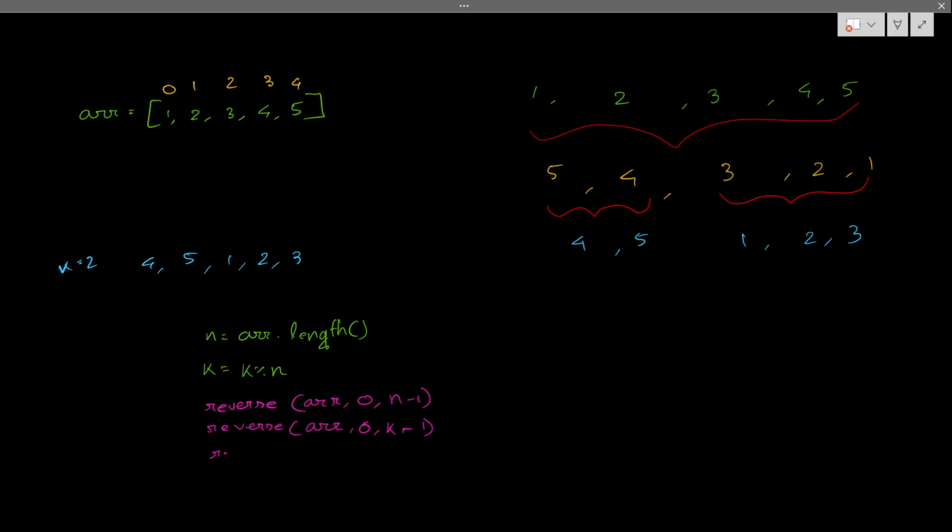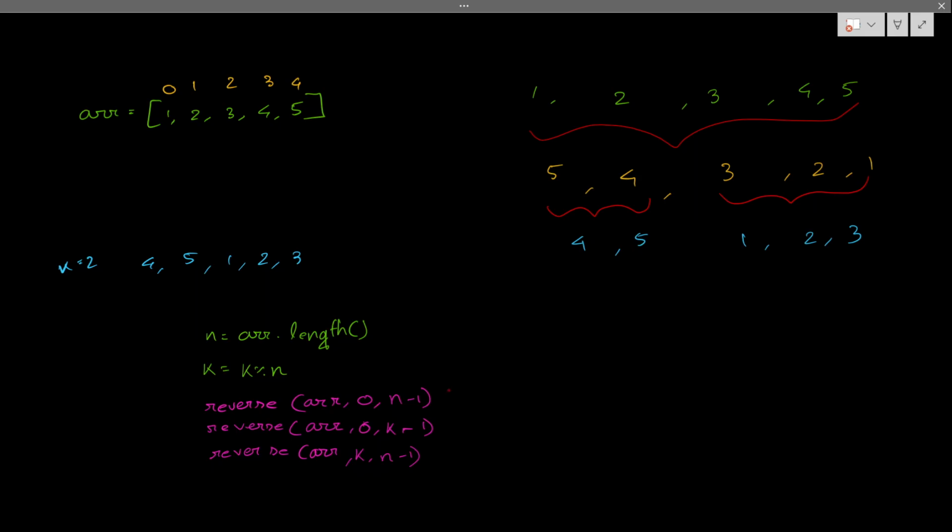So reverse of arr from 0 to k minus 1, and then reverse of arr from k to n minus 1 place. So this is the code, and again this is big O of n by 2, and this together is also big O of n by 2.